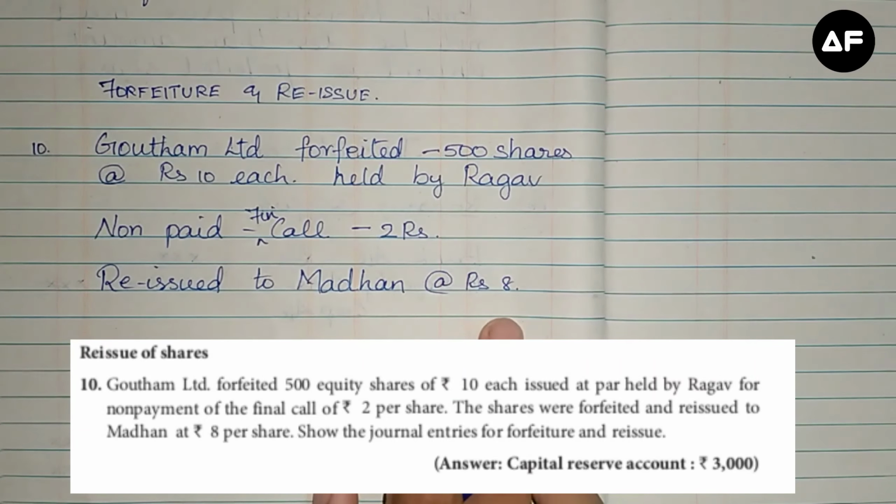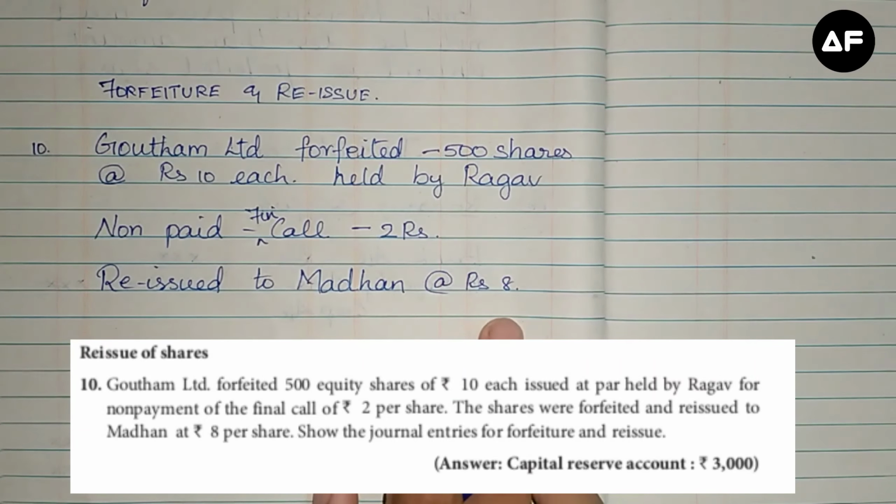After the reissue, we compare to see whether there is a profit on forfeiture and reissue. The forfeiture value is 4,000, but here it is 1,000, so there is a difference of 3,000 rupees, which is a profit on forfeiting and reissuing the share to the next shareholder.